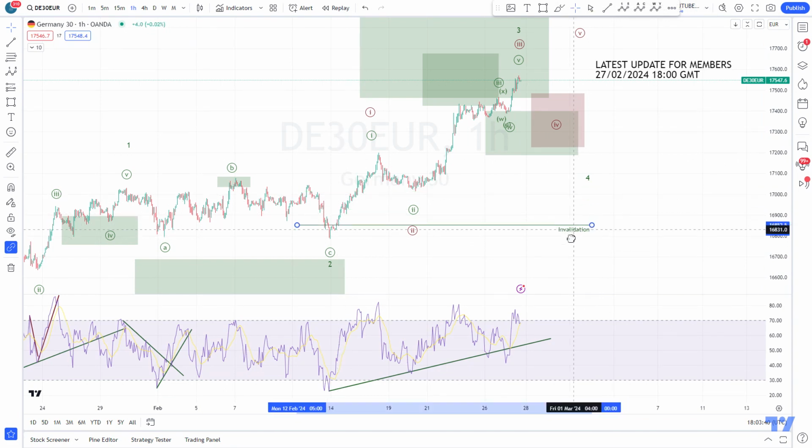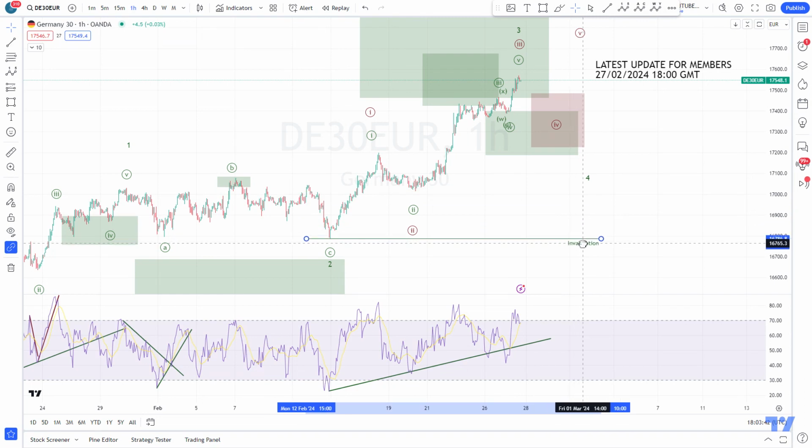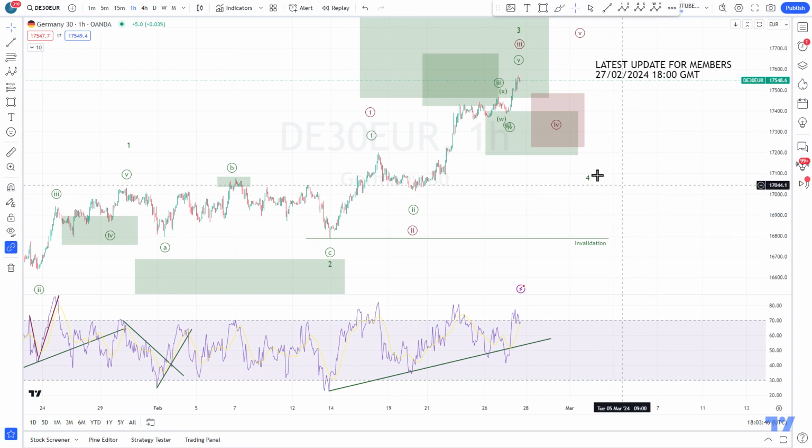So I will put both counts on the chart, but to be honest, with this data, it is hard to choose a count that I really prefer. I would like to see a bit more data, but for now I think these are the two most likely scenarios.